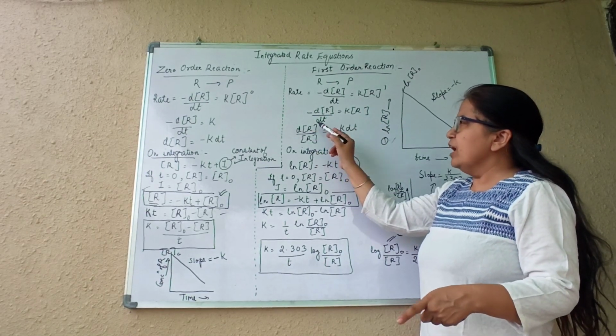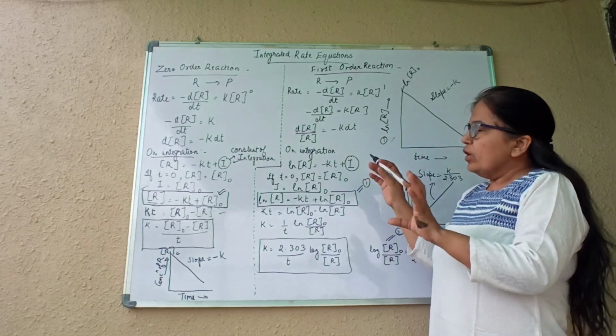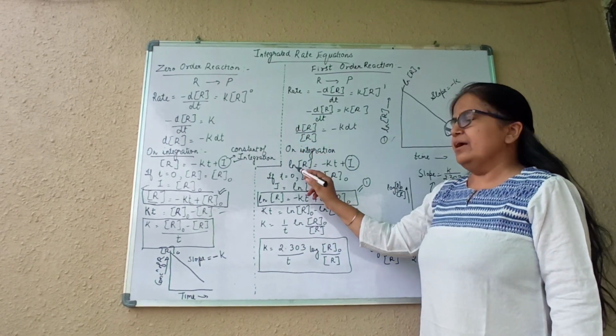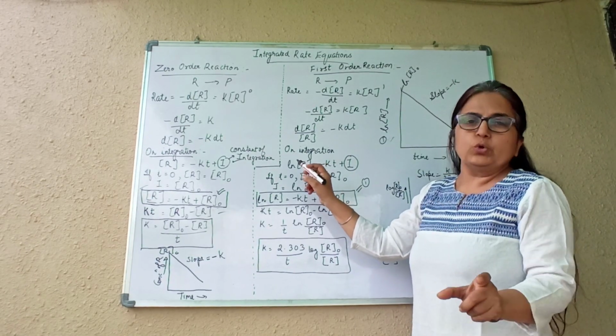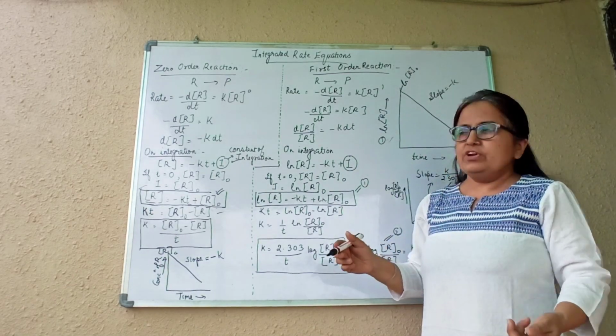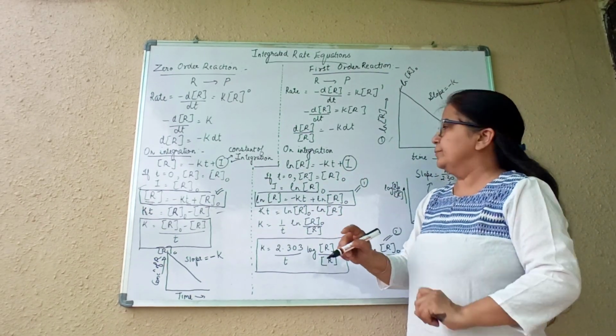So that is d[R]/[R] is equal to minus k dt. On integration, again I will get like that. Integration of d[R]/[R] is ln [R], that is natural log. That is equal to minus kt plus constant of integration, as I did here. I wrote simultaneously so that you can understand better.